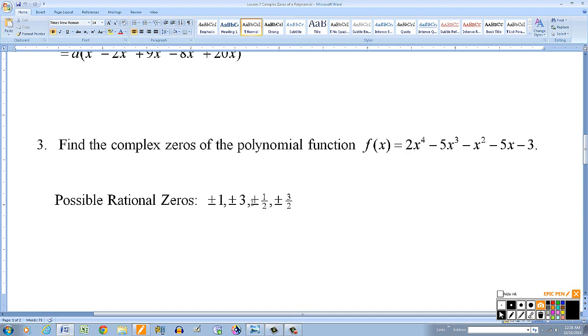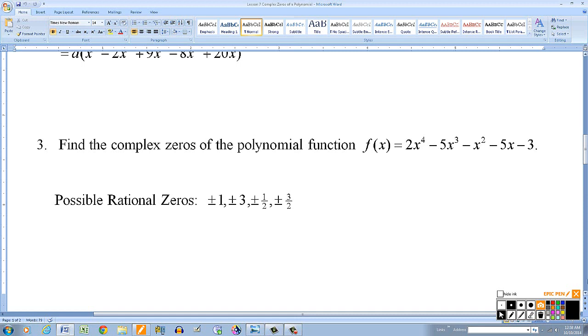Use the integers first before you start working with the fractions, and see if you can find a zero. Anything that makes a zero is going to be a zero of that polynomial, or you can just use synthetic division. I'm going to stay with the synthetic division because that's the best way to reduce it. If you just wanted to find them, you could just plug in, and the ones that give you zeros are rational zeros. But remember, here we want them all. So we don't want just the rational zeros, we want the imaginary zeros also.